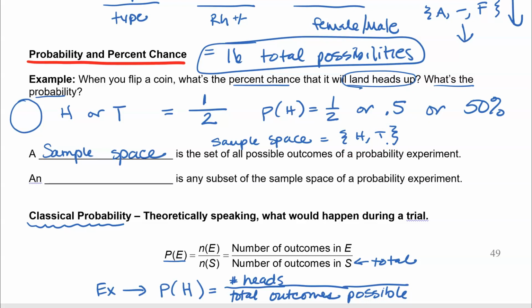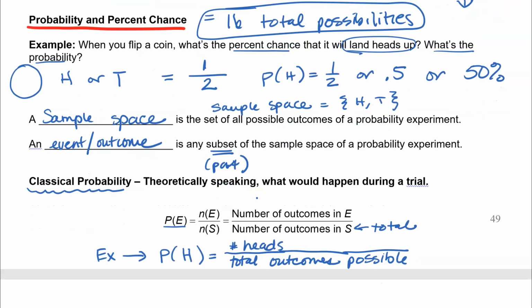And that's helpful because when you go to do the probability question, it makes it so much easier when you have all the possibilities listed out. Okay, and then an event, or we could say outcome, is any subset of the sample space, and a subset is part of it. So this is just part of the sample space.